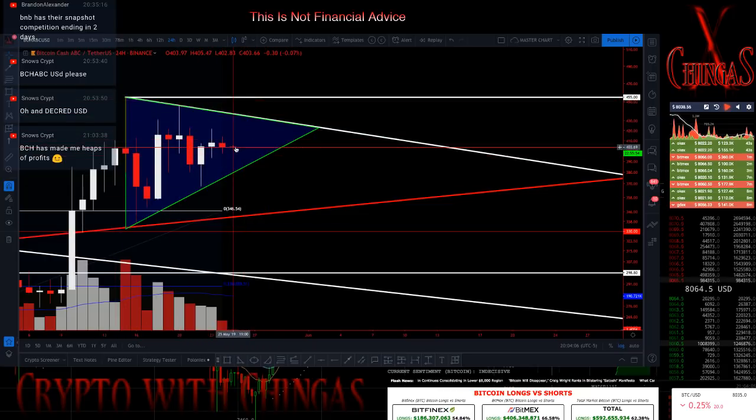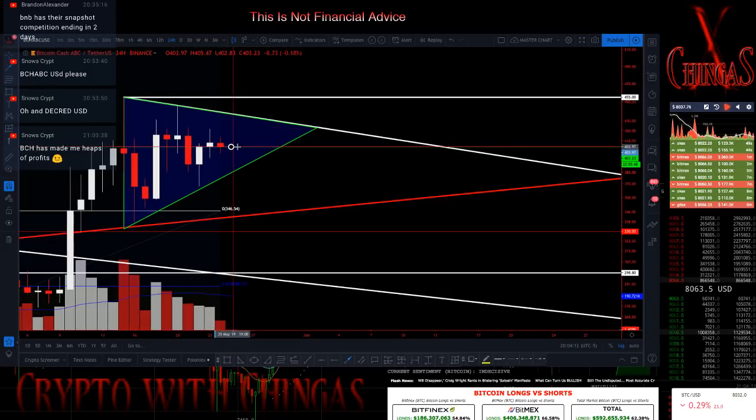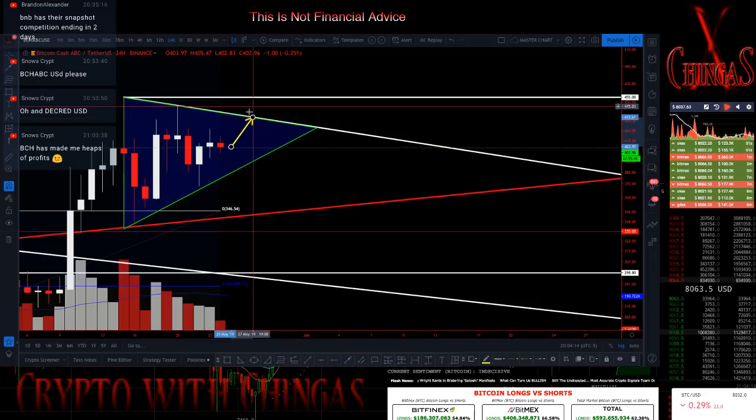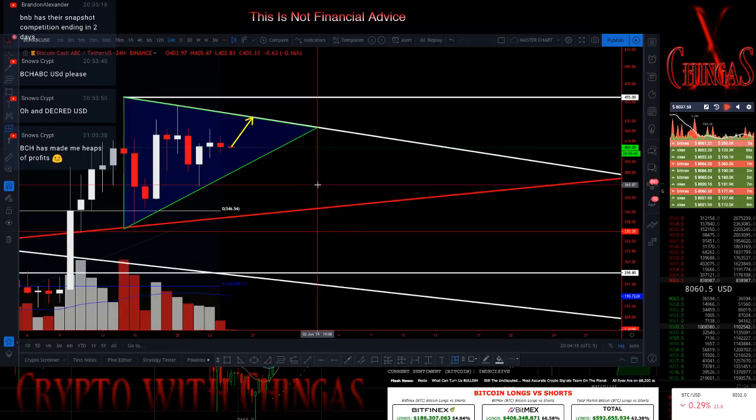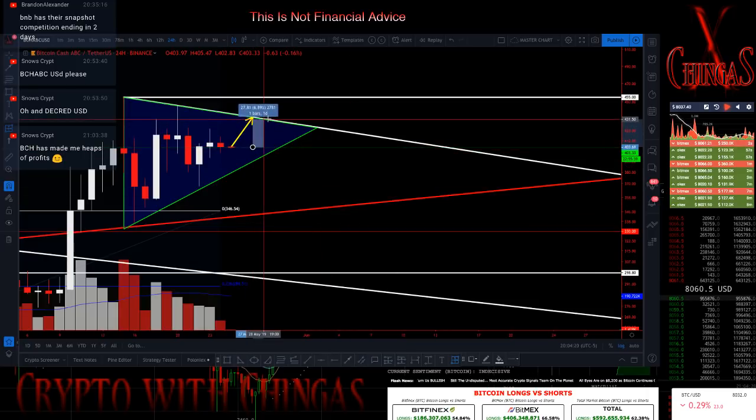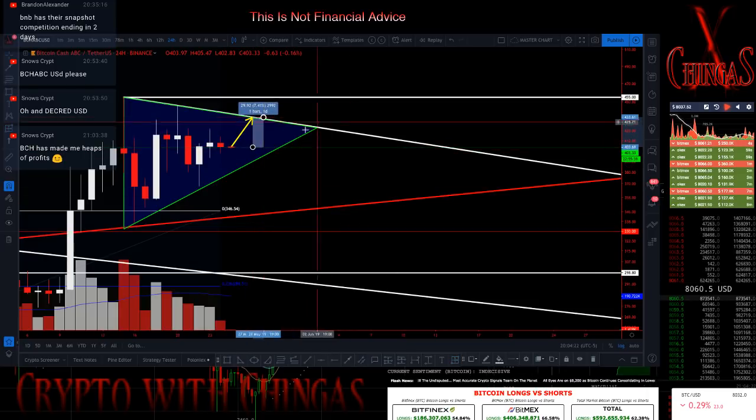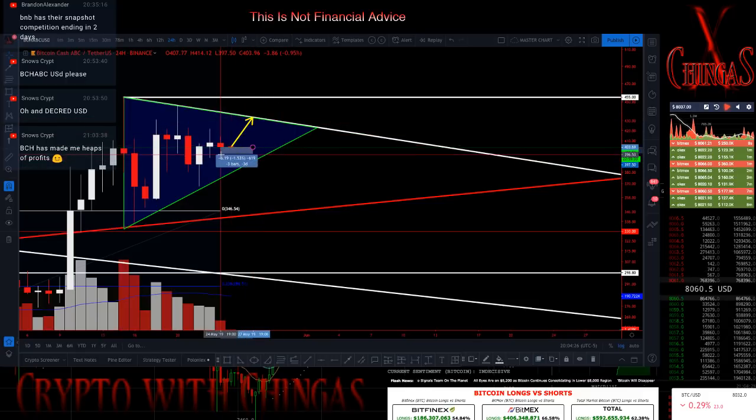So if you want a highly risky trade, you could take this to the upside. Front run it probably a little bit, but you could long that if you want. Let's see, that nets you somewhere around 7%. And then on the downside, let's say your previous wick, so about 1.5%.